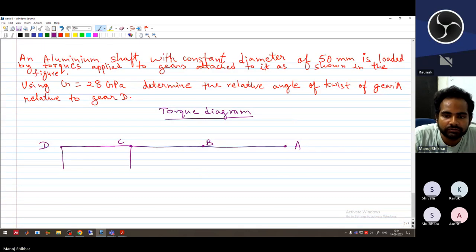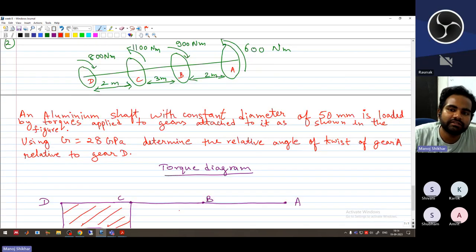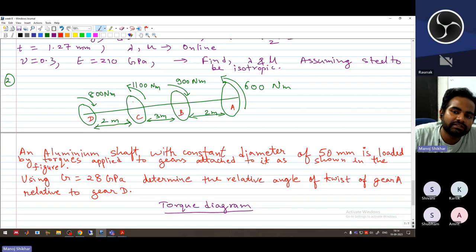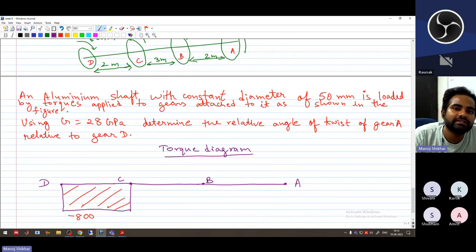So this is minus 800. Now at C, there is a sudden jump. And after C, there is no other torque. So that sudden jump is plus 1100. It is in counterclockwise direction. So from minus 800, we have to add plus 1100. So this will come somewhere here.